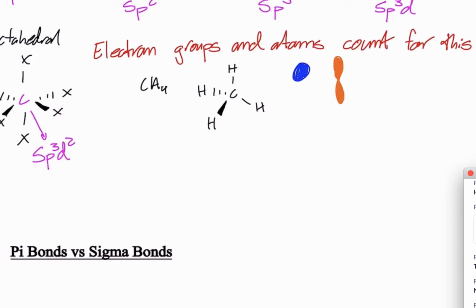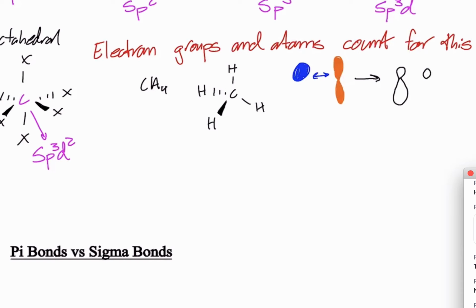And what happens here is you're going to produce 4, right? Because we have 4 things bonded to the central atom, so we get 4 hybridized bonding orbitals. And what happens is we get a hybrid shape in between these 2 shapes. So what that ends up looking like is something like this. Part of it looks like that dumbbell, and part of it is more of a sphere on the top, okay?